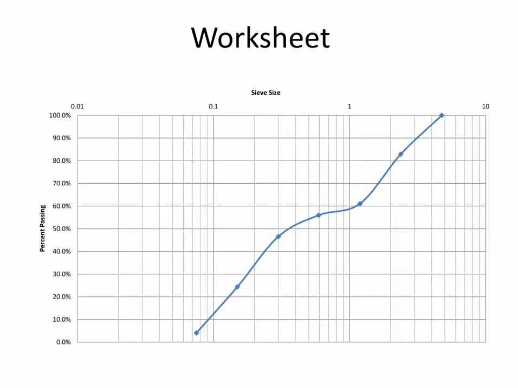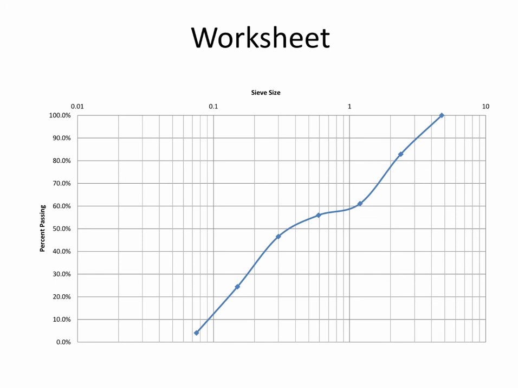So you should have got a plot that for the most part was a nice angular plot, but it has a little bit of a flat spot right around 50-60% passing. Okay, and so what that's telling us, and we can also see it just by looking at our cumulative percent passing numbers, for the most part, we're increasing by a pretty steady, consistent amount, but right around our number 16, number 30 sieve, we have a little bit of a jump.